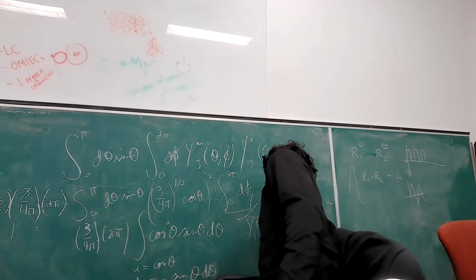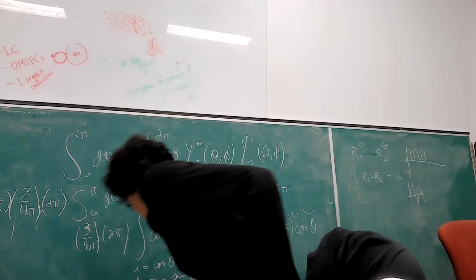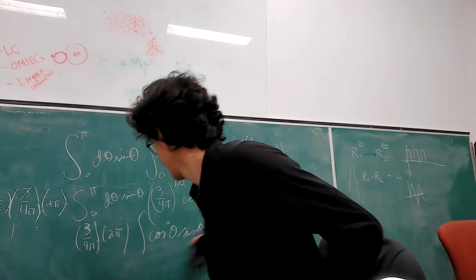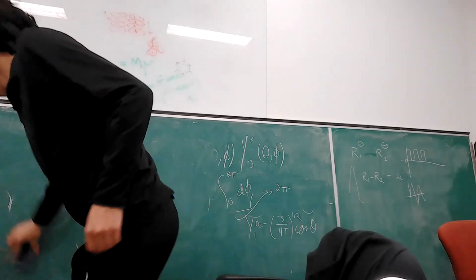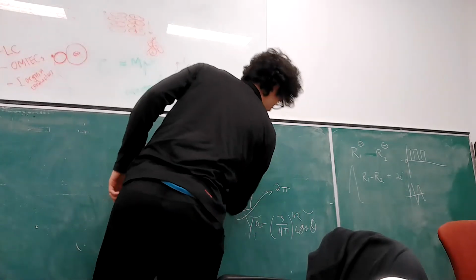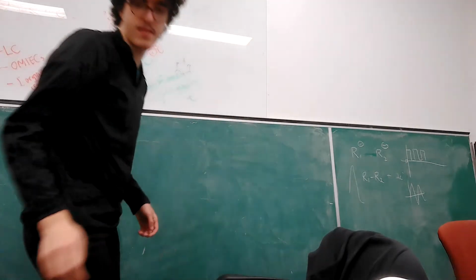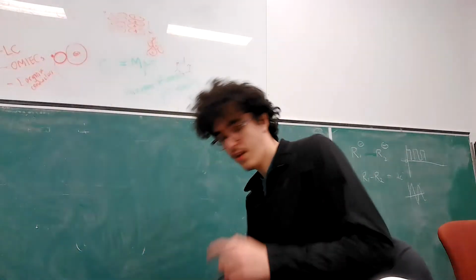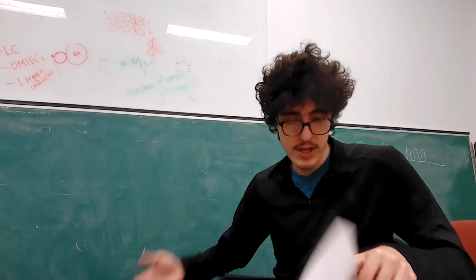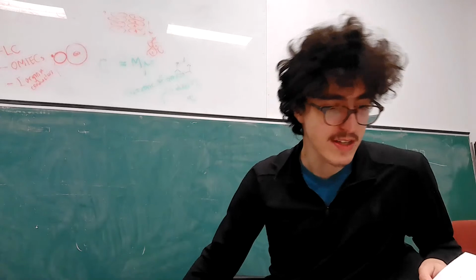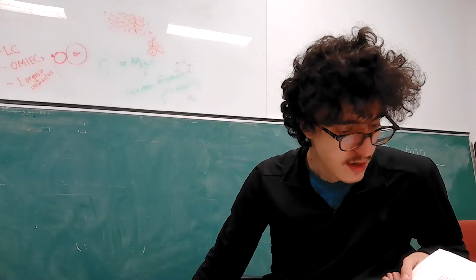First, let me erase this. You guys are good with this, I think. I want to go through the entire problem and try to understand it so I don't run into surprises while I'm doing it with you guys.